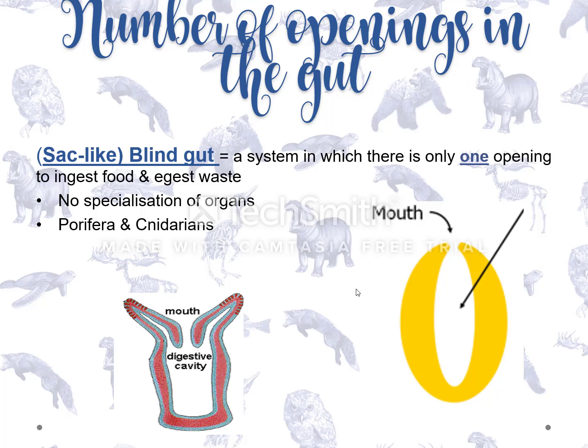You eat with one end and you poop with the other end. If you had a blind gut, you wouldn't do that. And organisms with a blind gut ingest food and egest waste with the same opening. All right.